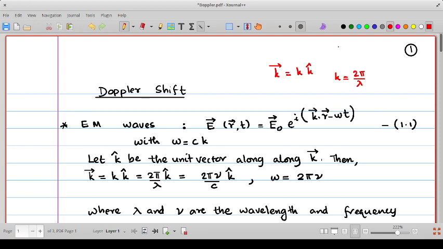Now, if c is the speed of the electromagnetic wave, we know that it is related to the frequency and the wavelength via the formula c equal to nu times lambda, where nu is the frequency of the wave. So lambda equals c by nu, and therefore k becomes 2 pi nu by c.